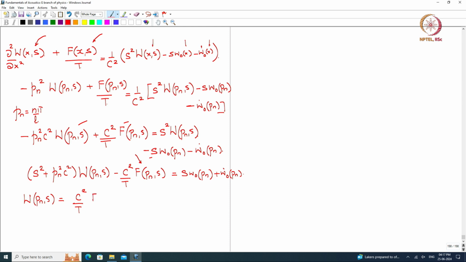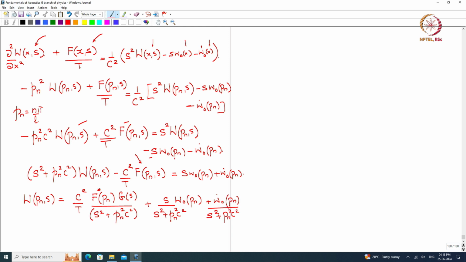So I will again write it as f star p n and g of s by s square plus p n square c square, plus s over s square plus p n square c square w 0 of p n plus w dot 0 p n by s square plus p n square c square.